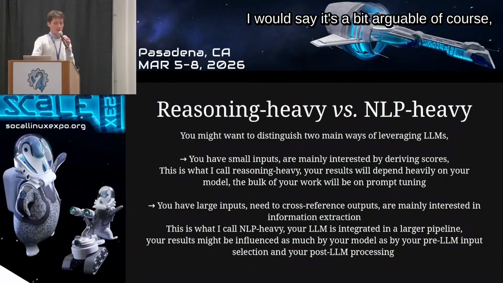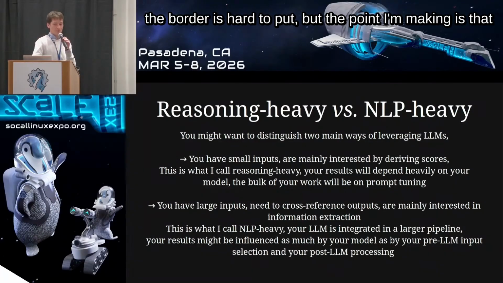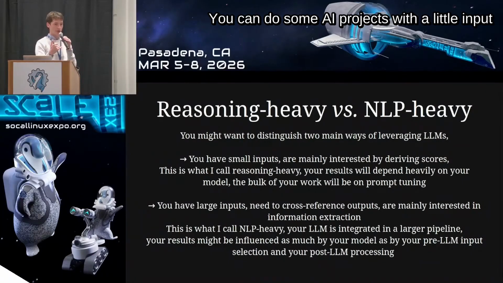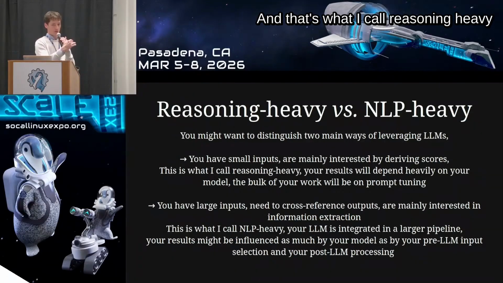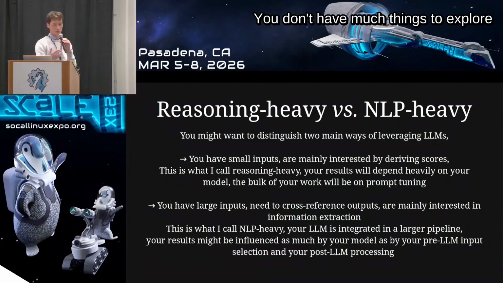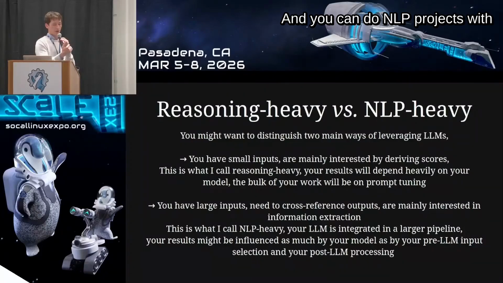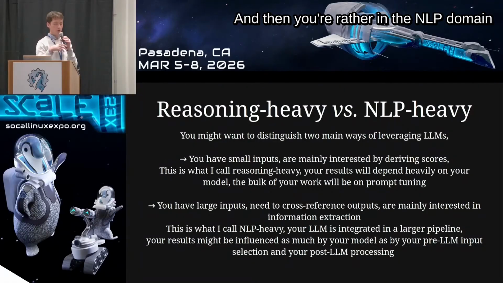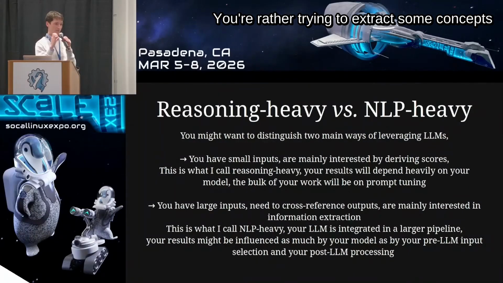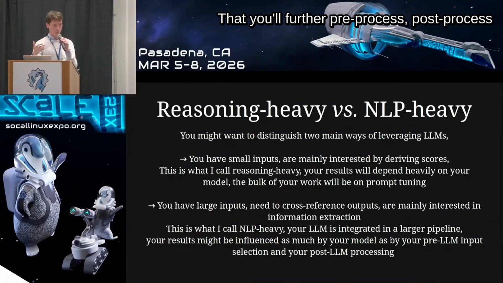Of course, the border is hard to put, but the point I'm making is that you can do some AI projects with a little input, and that's what I call reasoning heavy. You don't have many things to explore, and you can do NLP projects with a huge amount of input, and then you're rather in the NLP domain. You're rather trying to extract some concepts that you'll further pre-process, post-process.